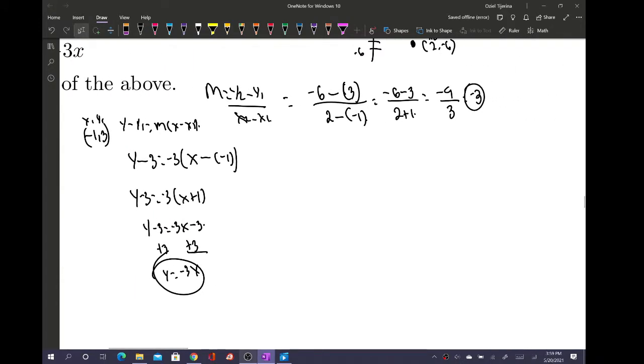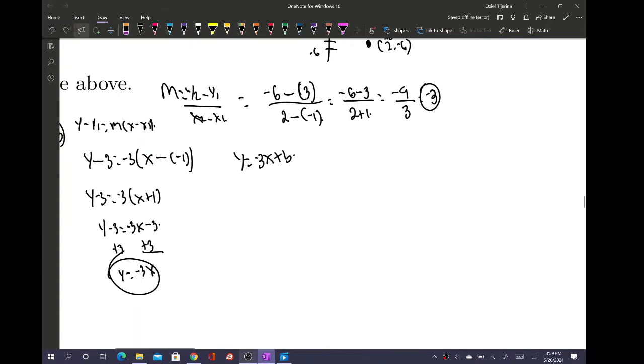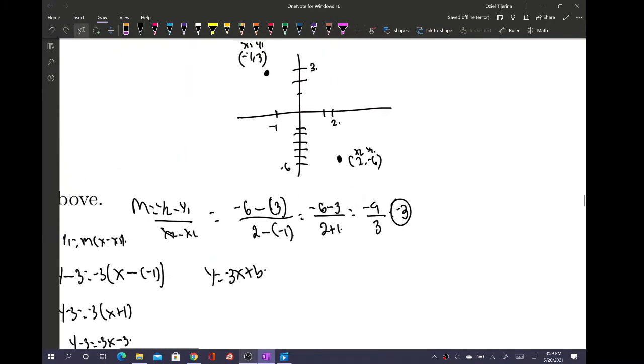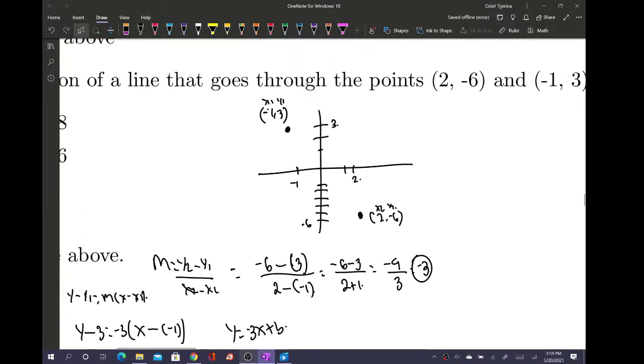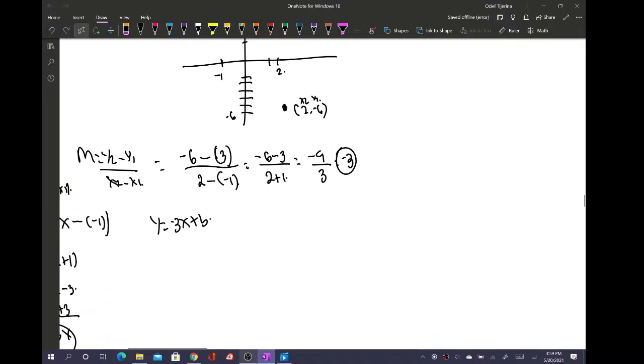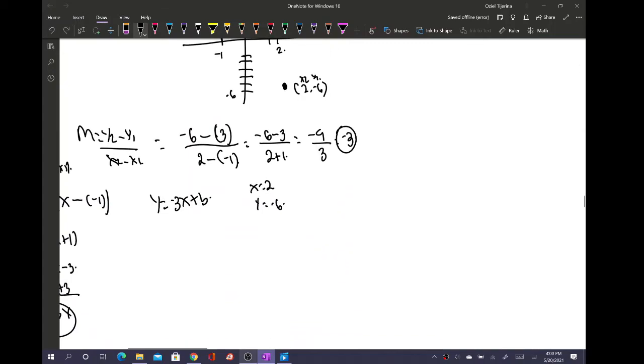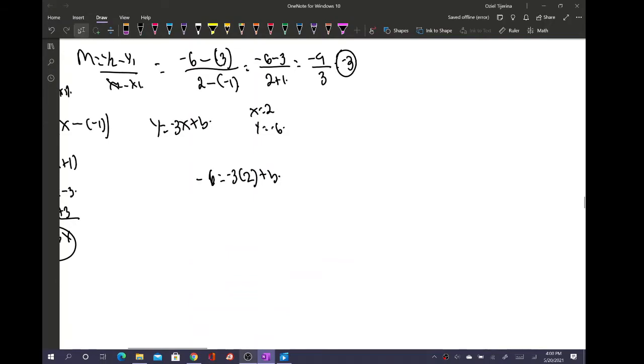The other way would be, we know our m, right? y = -3x + b, and the way that you would find your b value is you can plug in any point that they give you. So we can plug in (2, -6) for x and y. We can say -6 = -3 times 2 plus b. -6 = -6 + b.